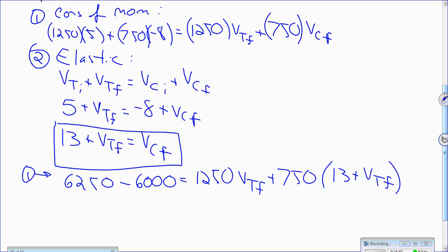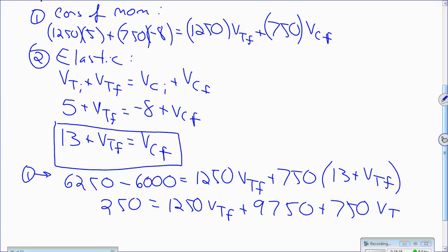Okay, so 6250 minus 6,000 gives us 250. That equals 1250 VTF plus... Wait a minute. Oh no, I did it a different way on my paper. 750 times 13 gives us 9750 plus 750 VTF.